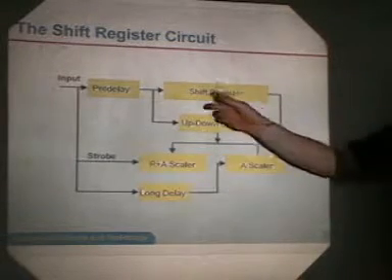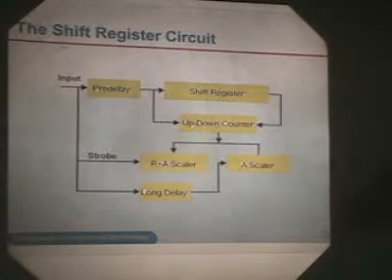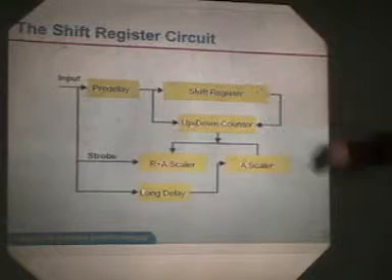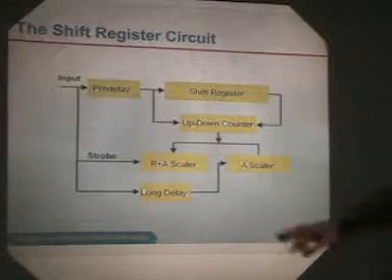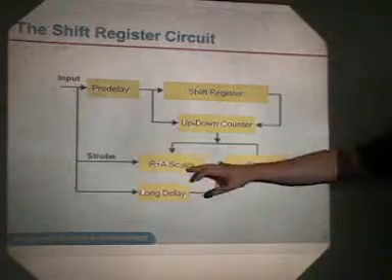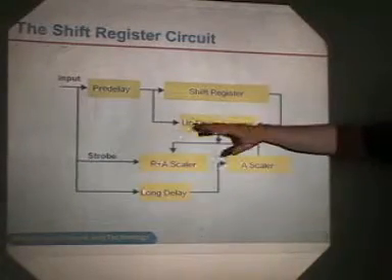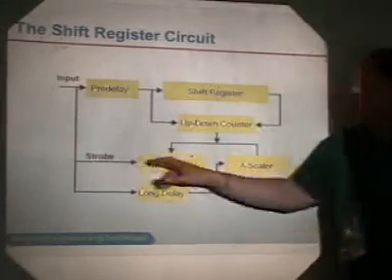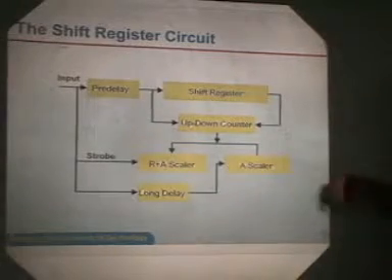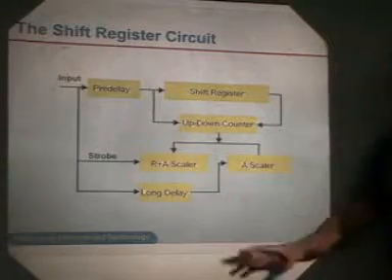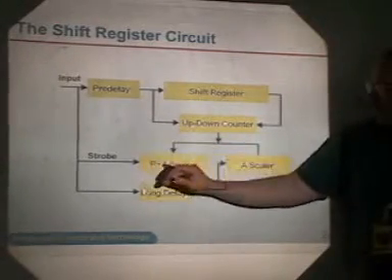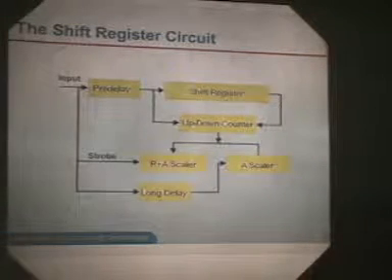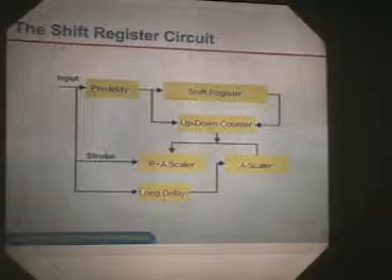The up-down counter is just the mechanism that keeps track of how many neutrons are in the shift register at any time. And then this is strobe so that we get the R plus A, the reals plus accidentals, when we get a new neutron, and then after a long delay we get the accidental scalar. The whole idea is that this is aligned such that the R plus A scalar is timed to get the green.